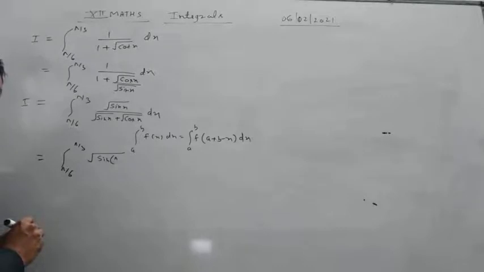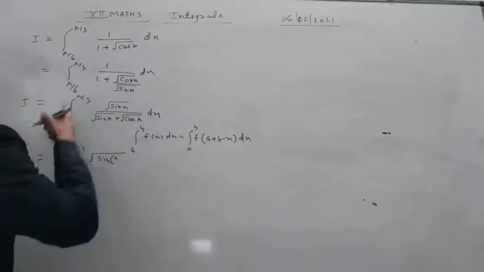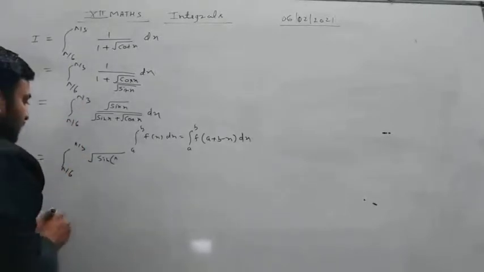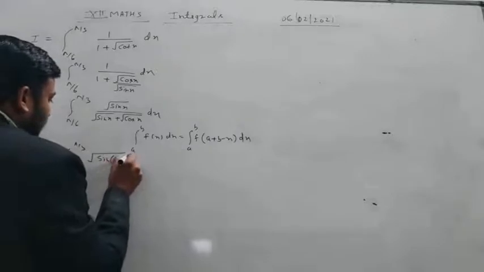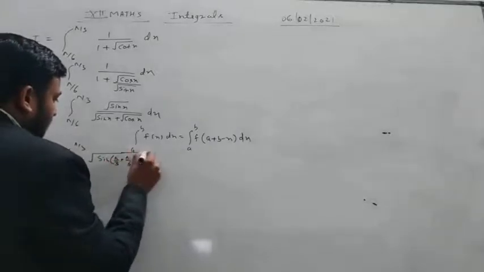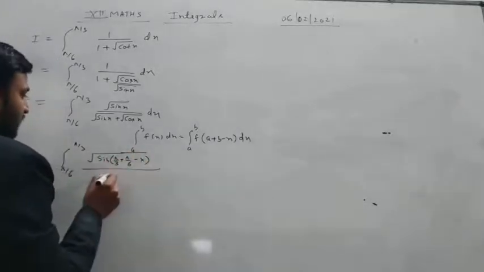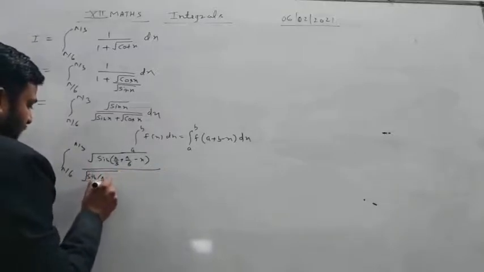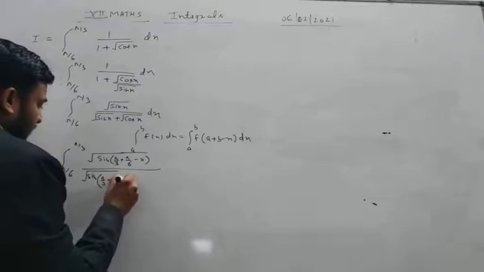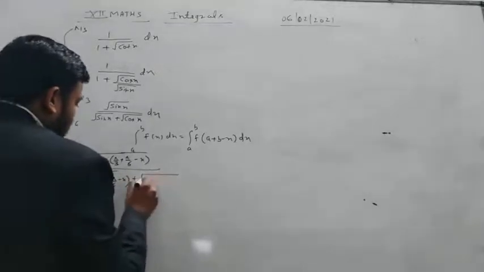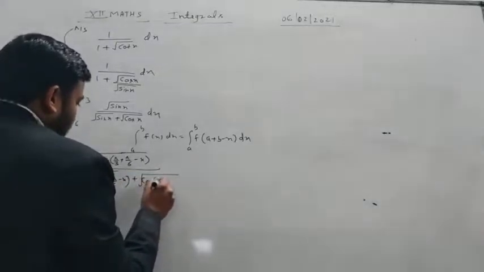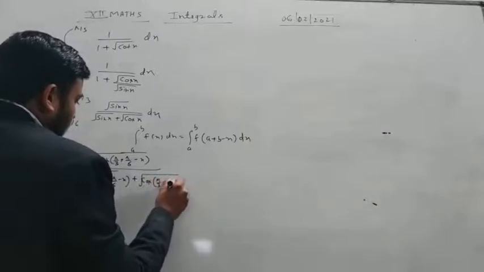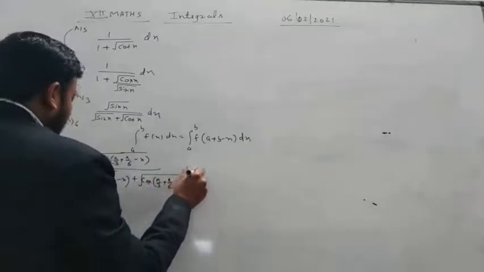When we add these two, this is 60 and this is 30, so we get 90. So we write, students, under root sin of pi by 3 plus pi by 6 minus x by under root cos of pi by 3 plus pi by 6 minus x dx.